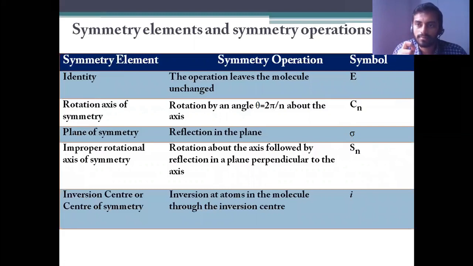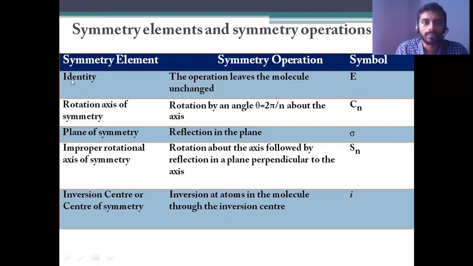There are other systems also, the crystal systems. In molecules we take the symbols E, Cn, sigma, Sn, and i; in crystal systems the symmetry symbols are different. The symbols at the molecular level are called Schoenflies symbols, and the symbols in crystal systems are called Hermann-Mauguin symbols. Here we already discussed the molecular systems.